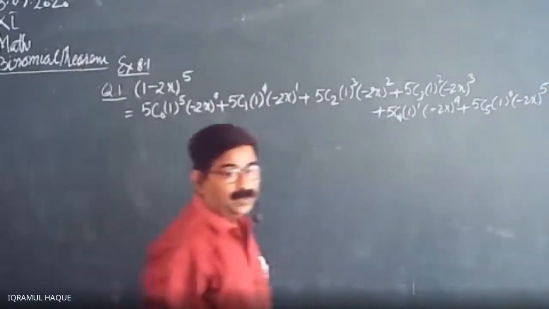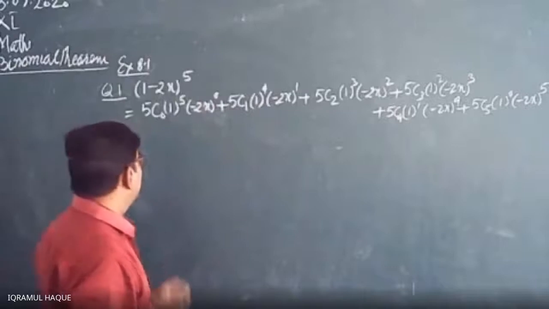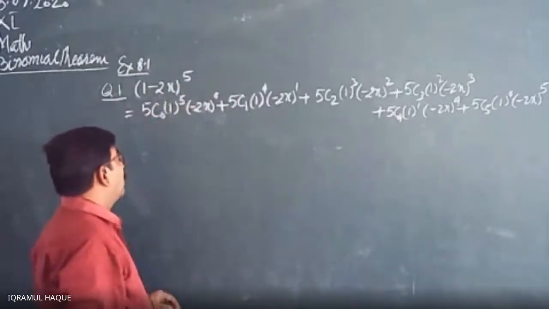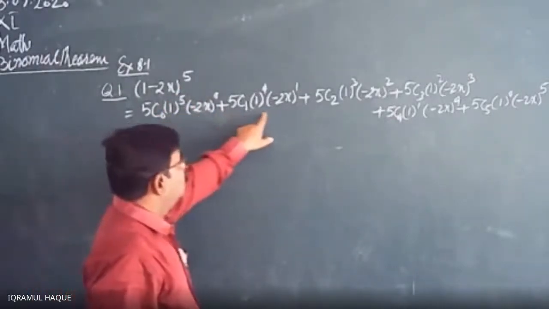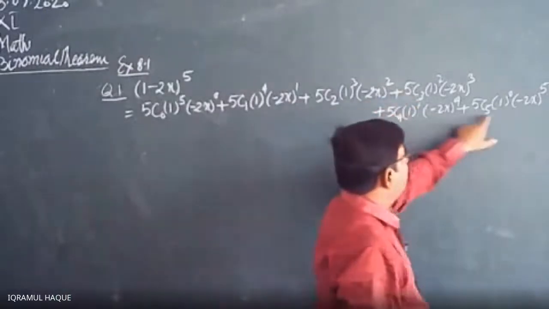See what we have: power 5, number of terms explained 1, 2, 3, 4, 5, 6 terms.